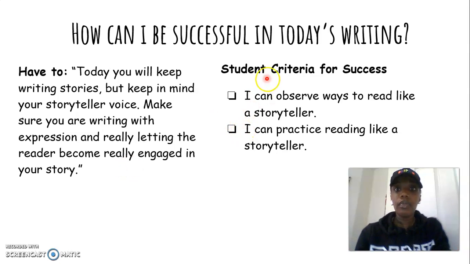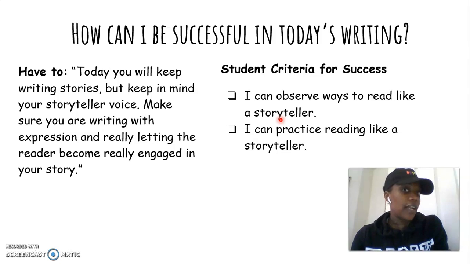Okay. Here is your student criteria for success. I can observe ways to read like a storyteller. So you already observed ways, right? By watching the YouTube video that we've just seen. You want to make sure you're explaining your characters. You want to make sure you're explaining your setting. You want to also have a plot, right? Whether there's a problem or a solution, and have those things categorized in sequence, beginning, middle, and ending.